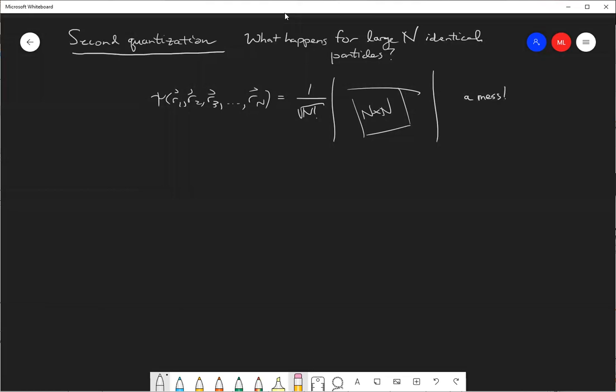He's more interested in, I think he's an AMO physicist, so he's mostly concerned with small numbers of particles, and doesn't worry too much about second quantization because that's really more in the realm of condensed matter, right? Like, when would you have a large number of identical particles?